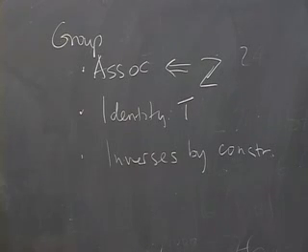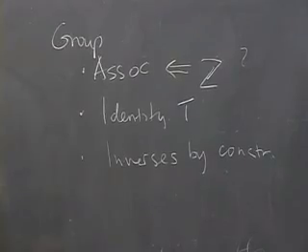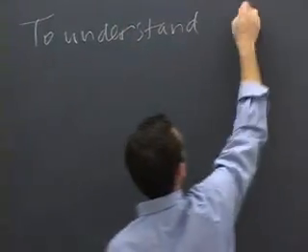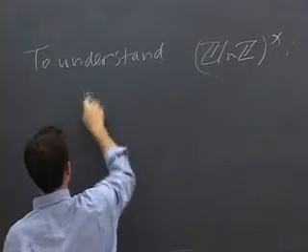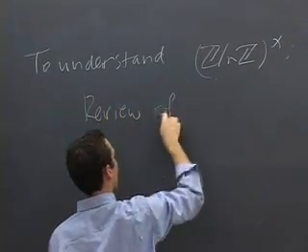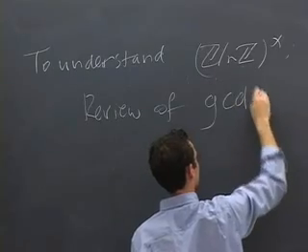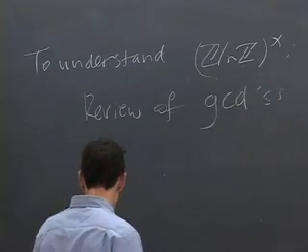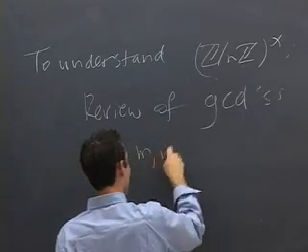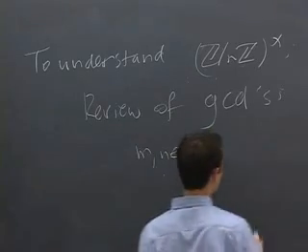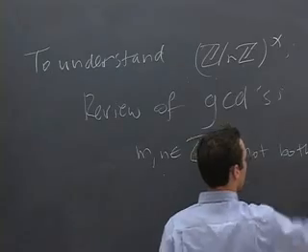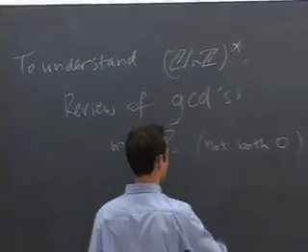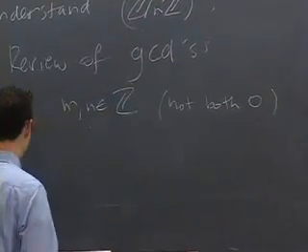So, to understand Z mod NZ star, a review of greatest common divisors. If I have m and n integers, I'm going to assume they're not both 0. It's just a hypothesis that's going to make theorems easier to write down.